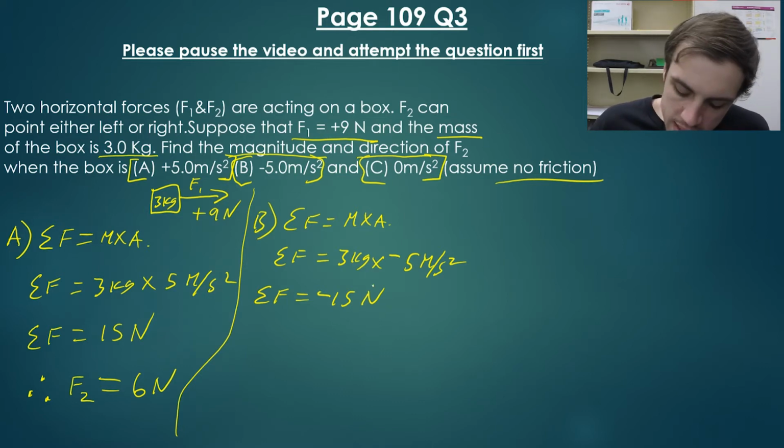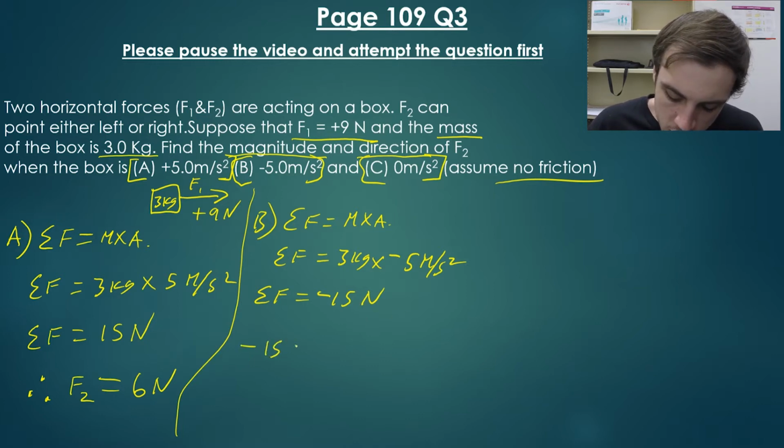So we're going to have negative 15 newtons minus our 9 newtons from our F1, which means that F2 is going to equal negative 24 newtons.